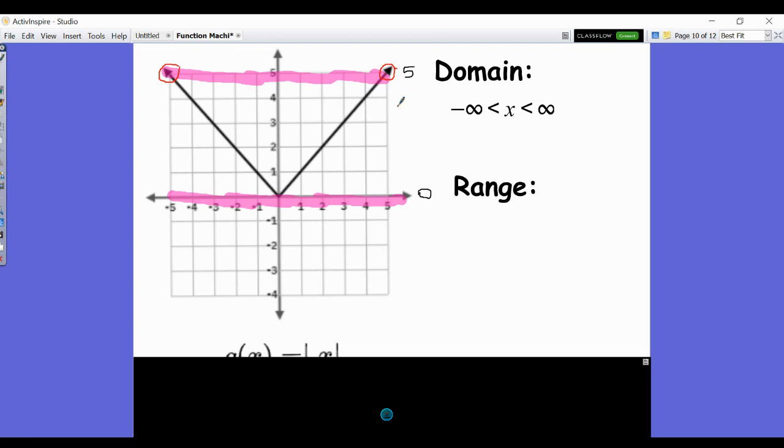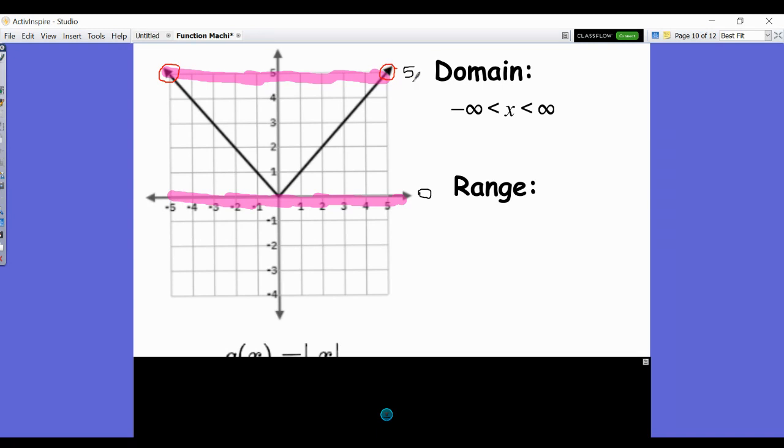So I can clearly see that my range went from my very first number that I hit, my bottom number, is 0. I can see that very clearly. And I can see that my top number is a 5 on my y-axis. But that arrow means that I could have gone to 6, 7, 8, 9, 10.